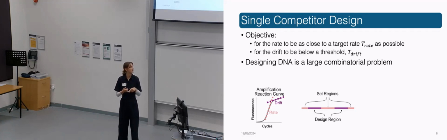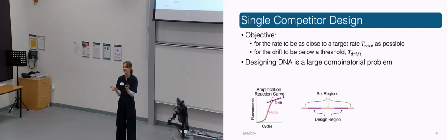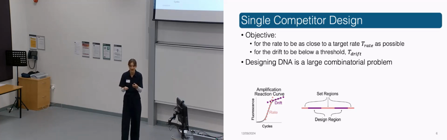Our input is the strand itself. When designing the strand, there's the competitor strand, and there are these set regions, which are to do with the reaction. They're set, we can't change them. But then we have this design region in the middle, so we can change what it's made of and how long it is.